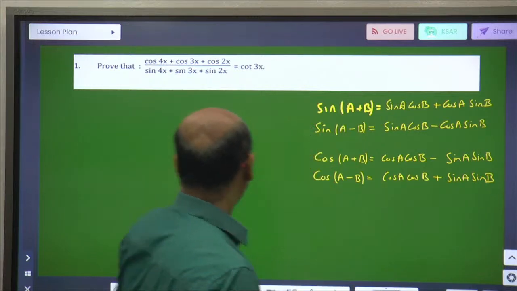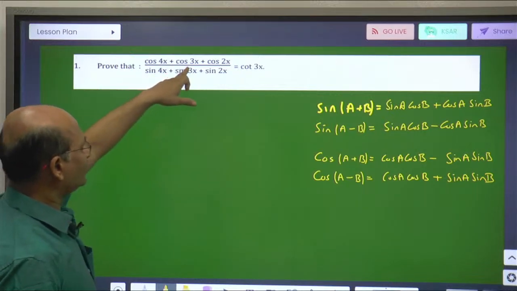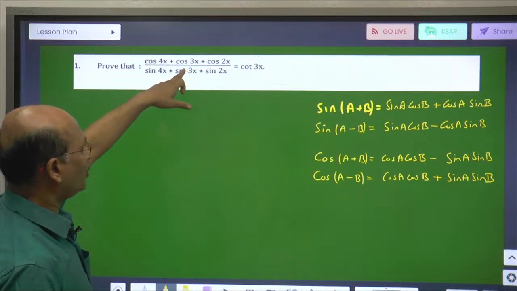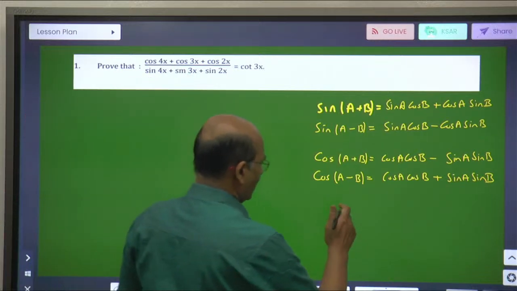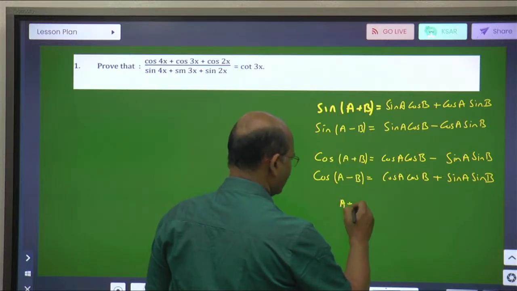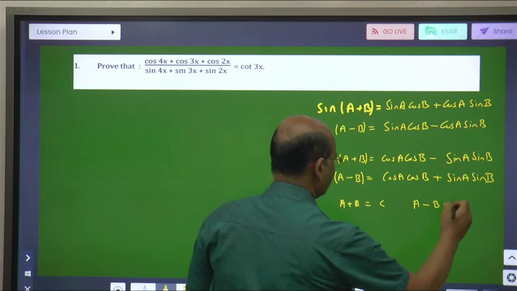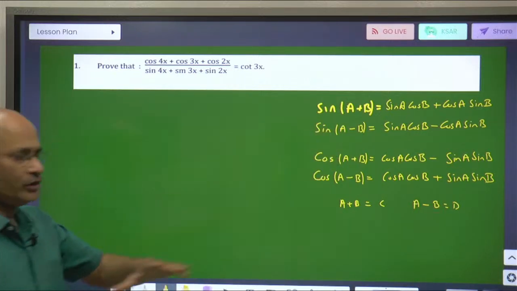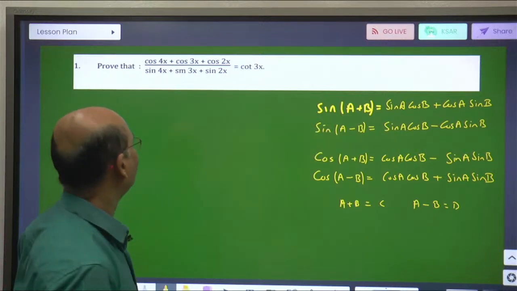Coming to the point, let us see quickly what we do. Now if you remember cos C plus cos D, remember one thing: always consider a+b as C and a-b as D. Now I am going to share how I use this formula. Keep that in mind.